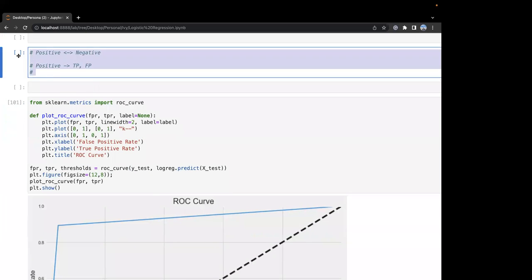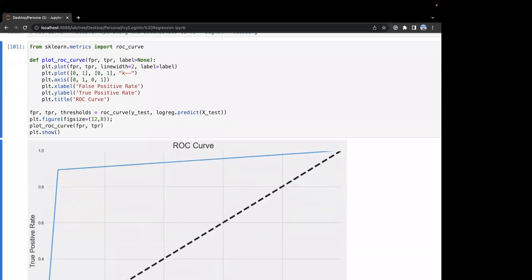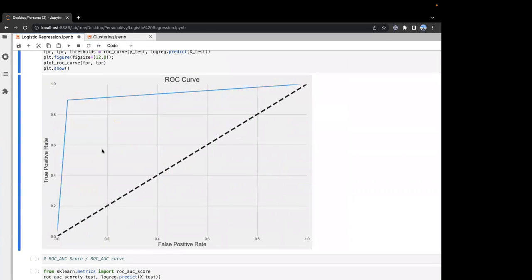To observe that something like that is not happening, we look at the ROC curve. The ROC curve is a plot between the true positive rate and the false positive rate. True positive rate shows that my number of right predictions is increasing. See, right now my number of right predictions is increasing very sharply, but there is no movement on the x axis.